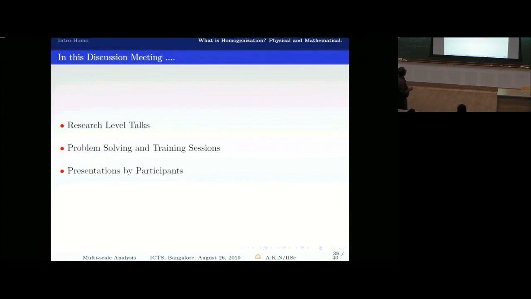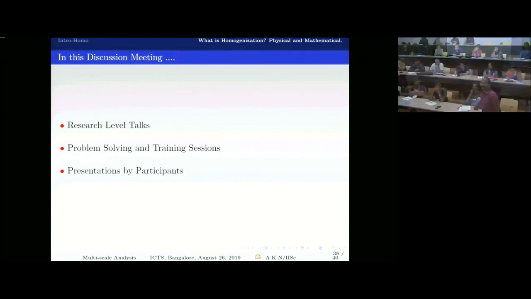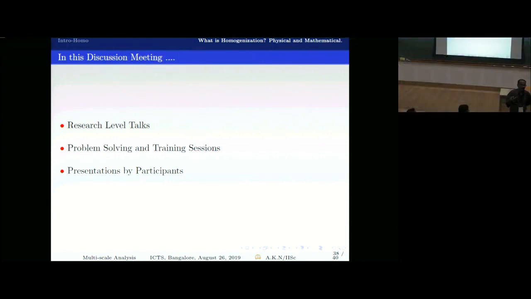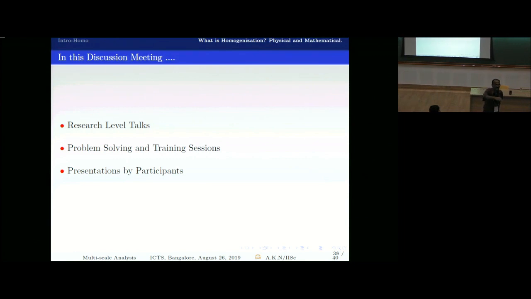And then we will have a presentation by participants on the last day. Those who want to give a short talk, let me know by the end of the week. It should be related to homogenization. The time is fixed; I want to finish by Friday as early as possible.